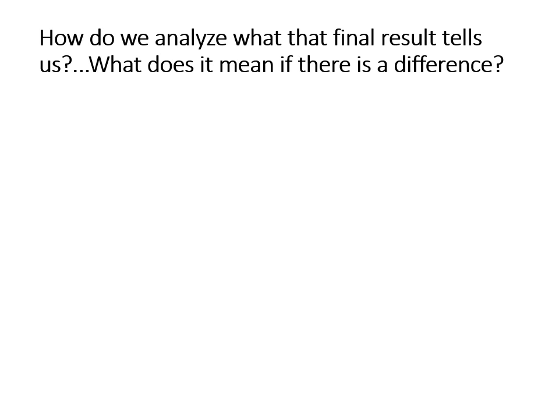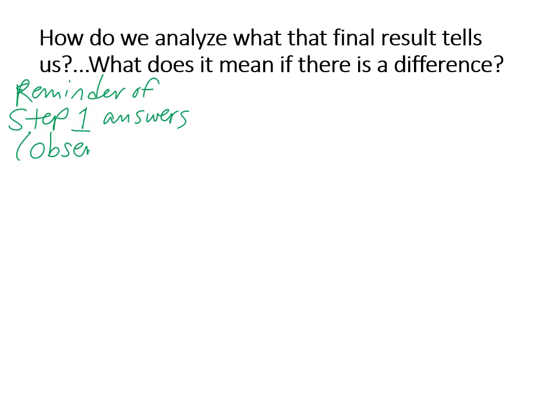So what we're going to do is I'm going to rewrite what we calculated on some of the other slides. Remember in step 1, so reminder of step 1 answers, which we said were our observed genotypes. Sorry, my handwriting is very sloppy today.